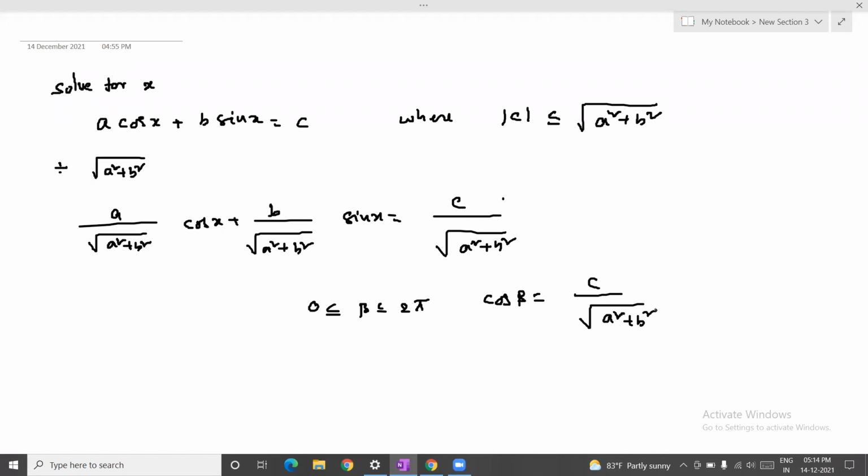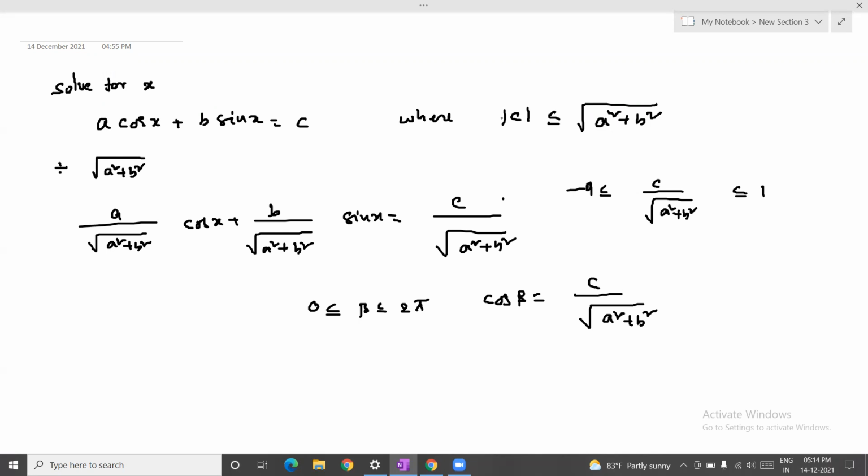If C is negative, it should be greater than minus 1. So this whole value, C by root of A square plus B square, is in between minus 1 and 1. I can write it like this. Correct or not?